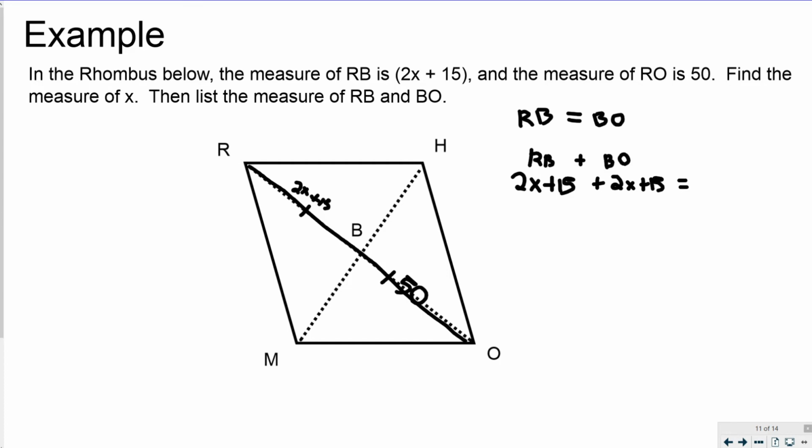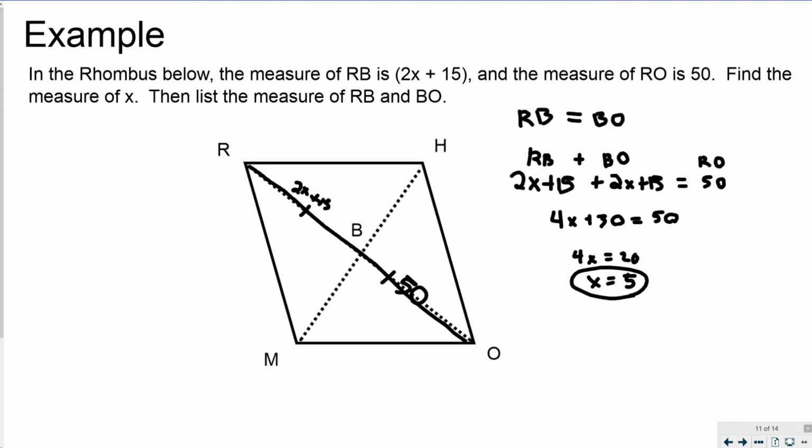Has to equal RO. I want to take the RO and I want to write it up here, which equals 50. So I get 4x plus 30 equals 50. So solving for x, I get 4x equals 20, or x equals 5.